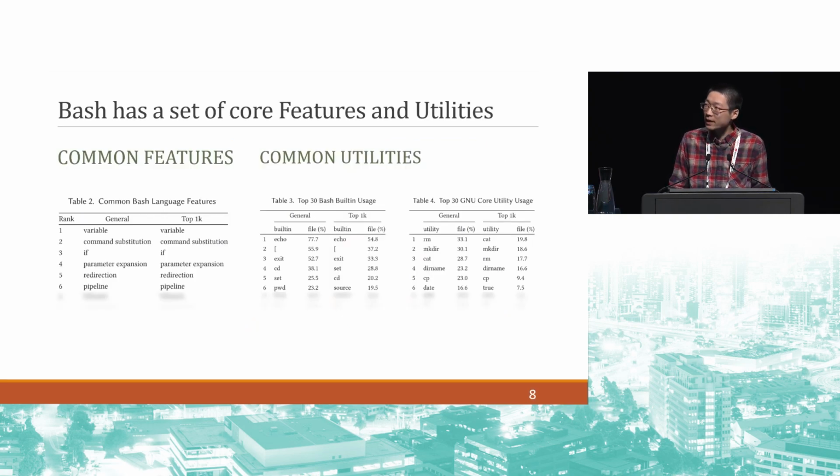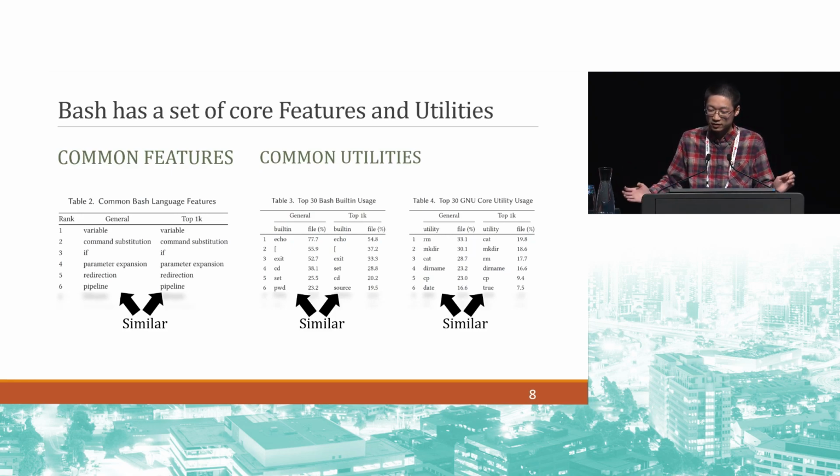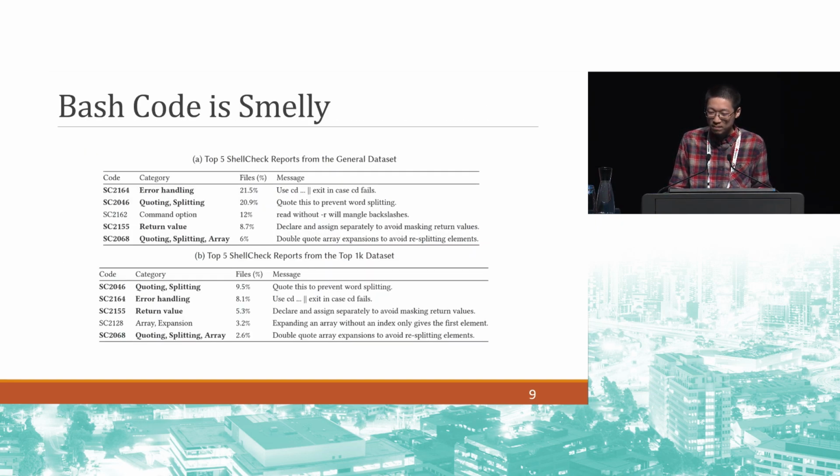We parsed all the Bash scripts and we collected and identified commonly used language features and utilities. We found between the top 1K and the general data set, the usages between the features and utilities are generally pretty similar. So hopefully the features and utilities we identified will be useful to others in future research.